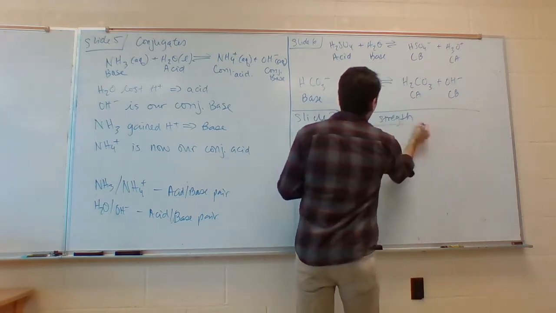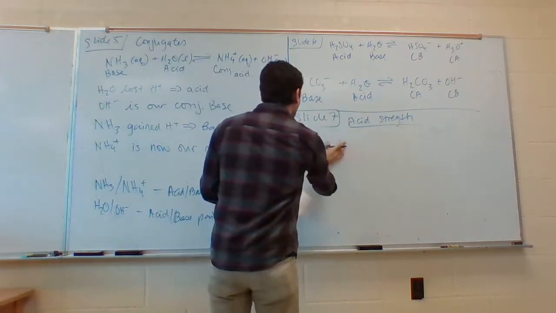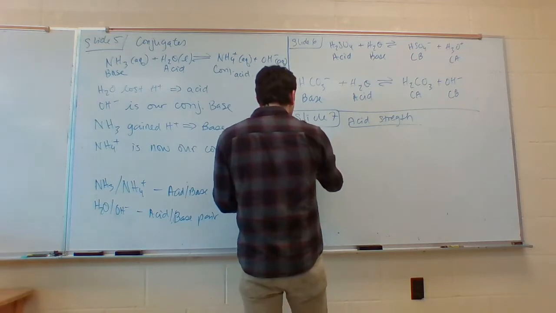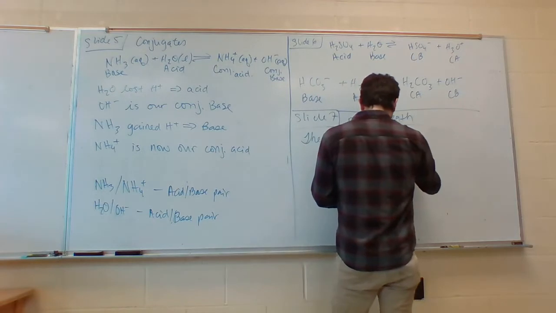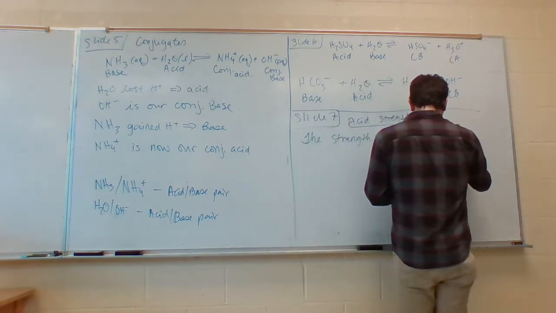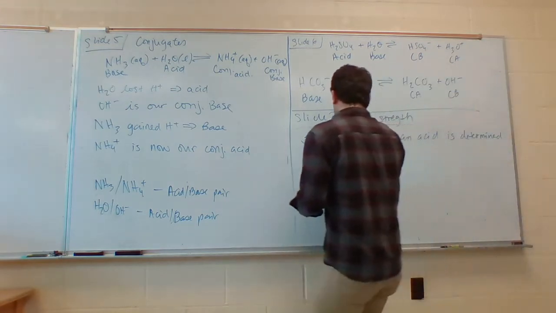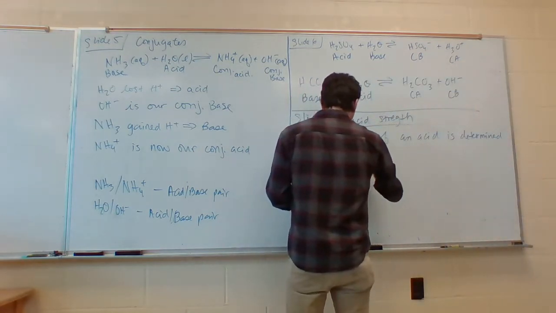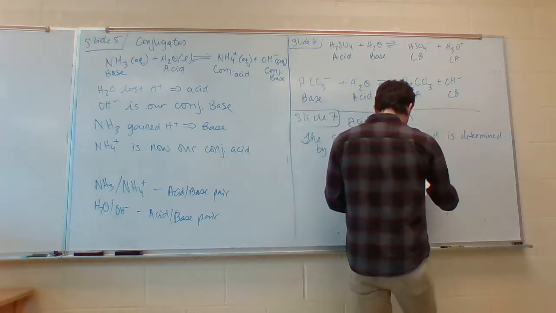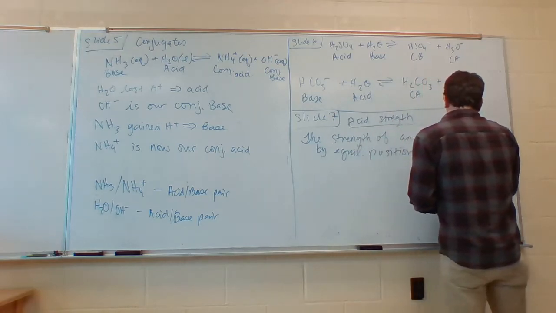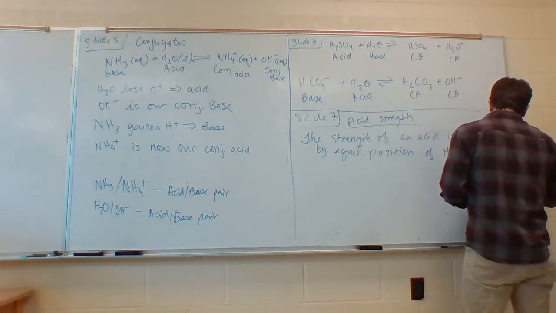A lot of times we want to know how strong an acid is, or a base for that matter. So the idea of acid-base strength is that the strength of an acid is determined by the equilibrium position of its dissociation reaction.